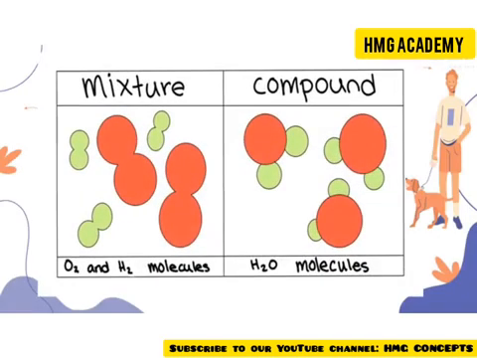So, to give you further illustration, look at the mixture on your left and the compound on your right. You will see we have oxygen and hydrogen molecules. They are floating on their own separately. They are just mixtures. But when they now become a compound, they will chemically come together.